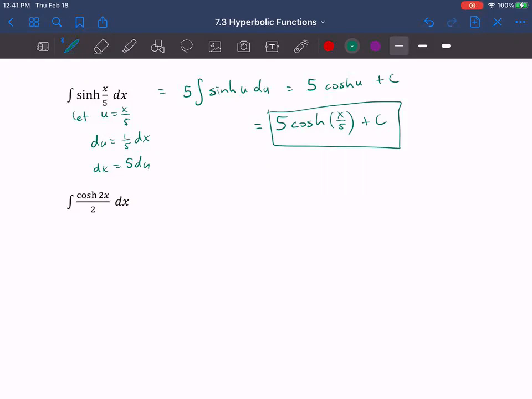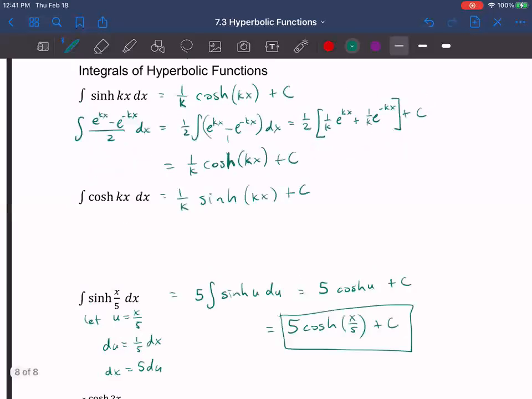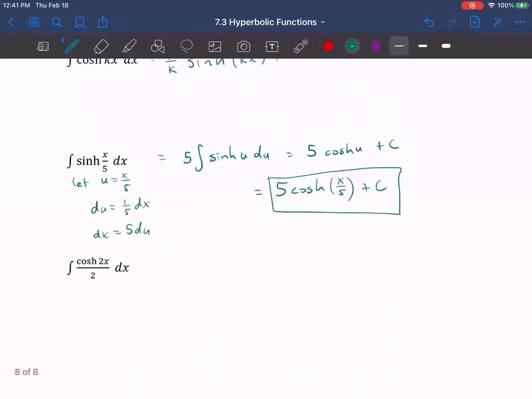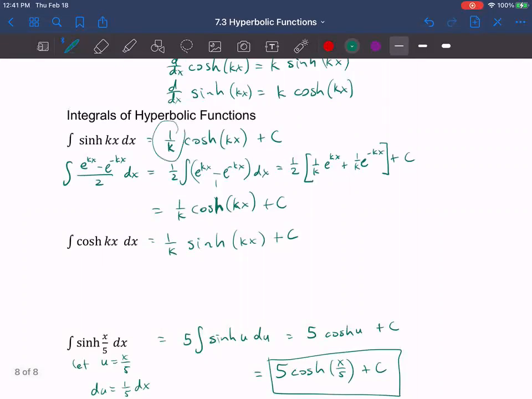That's what I got. Plus c. You're missing the 1/4 there somehow, right? Because you have that 1/2 there already. It shouldn't go anywhere. But when you do that integral of cosh 2x, right up here, or when we do those integrals, look, we're getting the 1 over k.